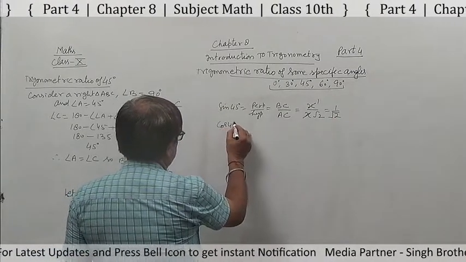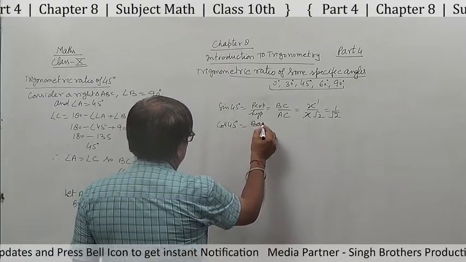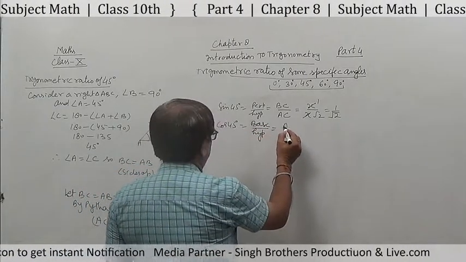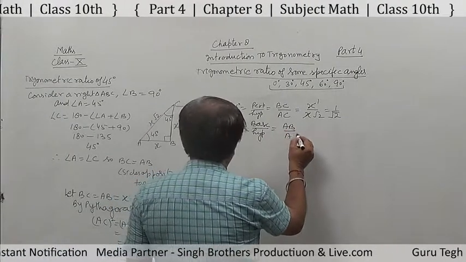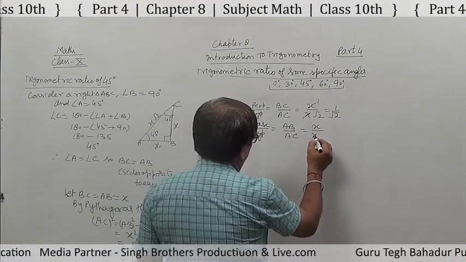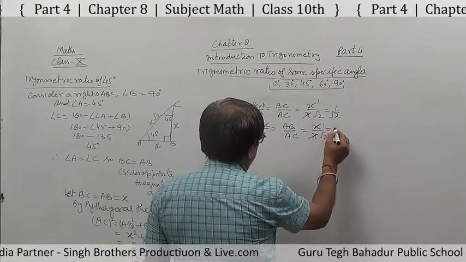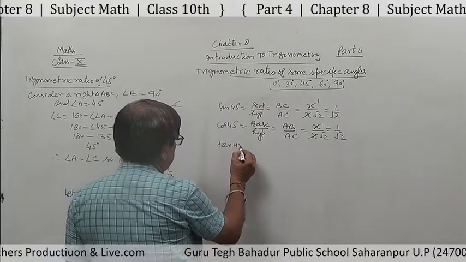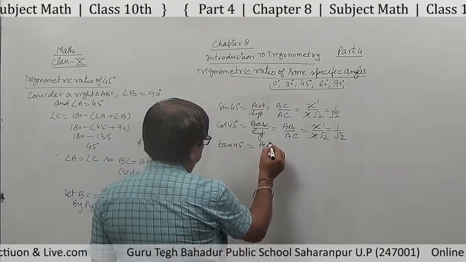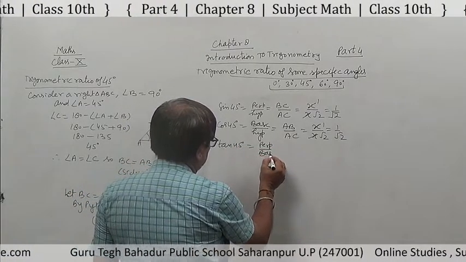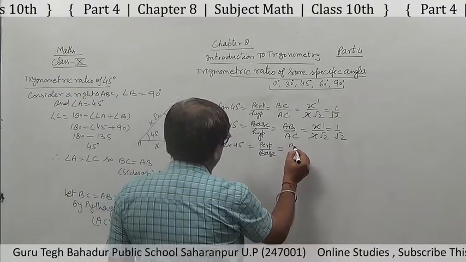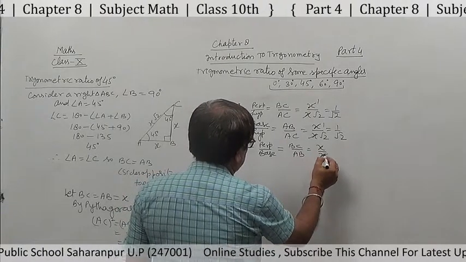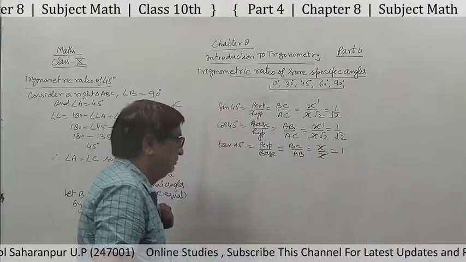Cos 45 is base upon hypotenuse, base is AB upon AC, x upon x root 2, that is 1 upon root 2. Tan 45 is perpendicular upon base, it will be BC upon AB, that is x upon x, that is equal to 1.